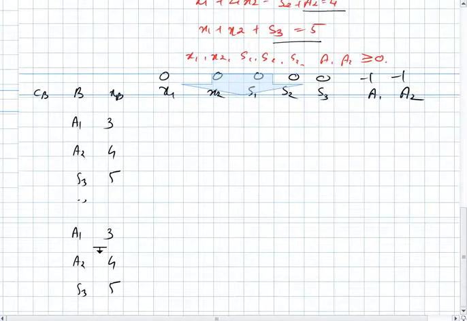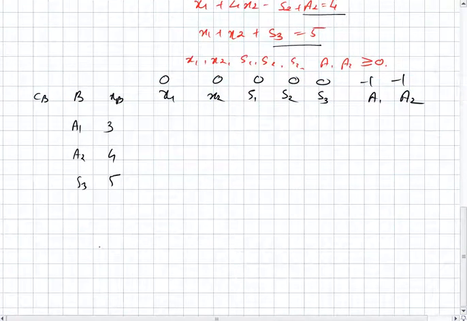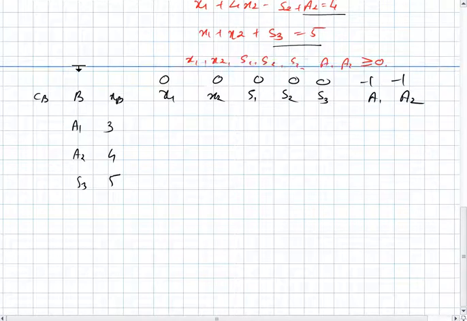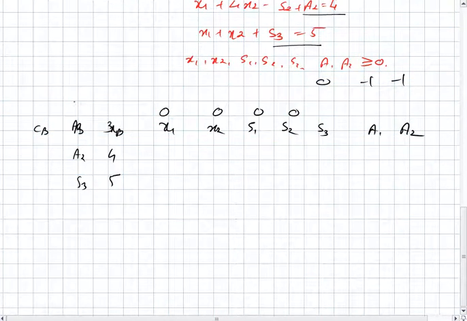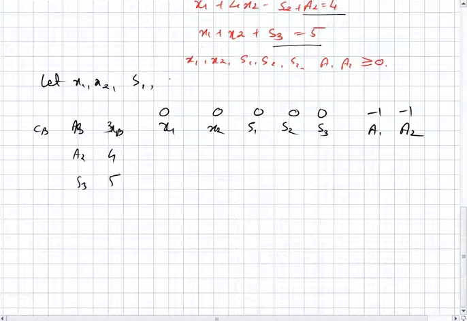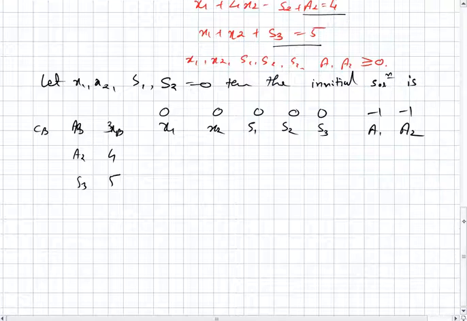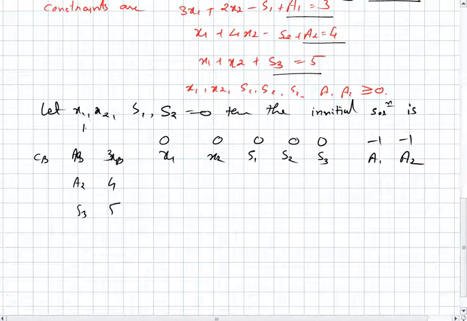Their coefficients are 0, -1 and -1. Let x1, x2, s1, s2 be 0, then the initial solution is a1 equals 3, a2 equals 4 and s3 equals 5.